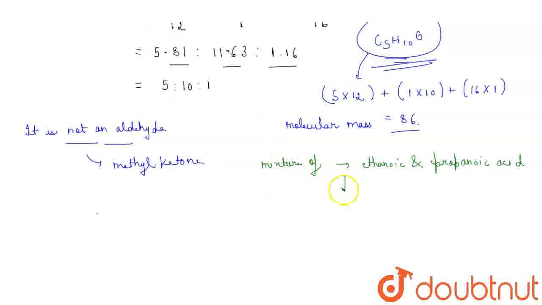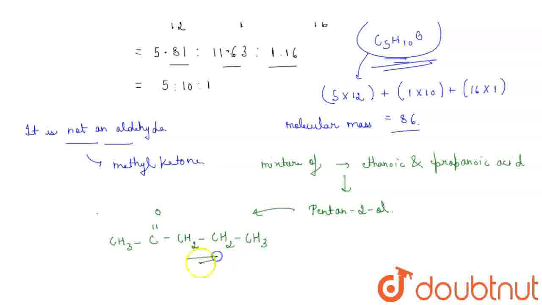Hence, the given compound is pentan-2-one, and we can write it as CH3-C(=O)-CH2-CH2-CH3. This is pentan-2-one.